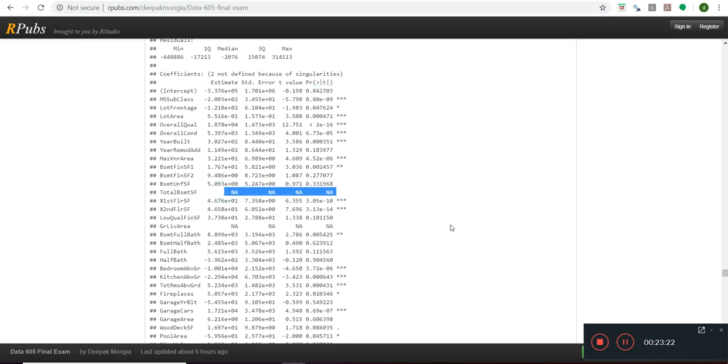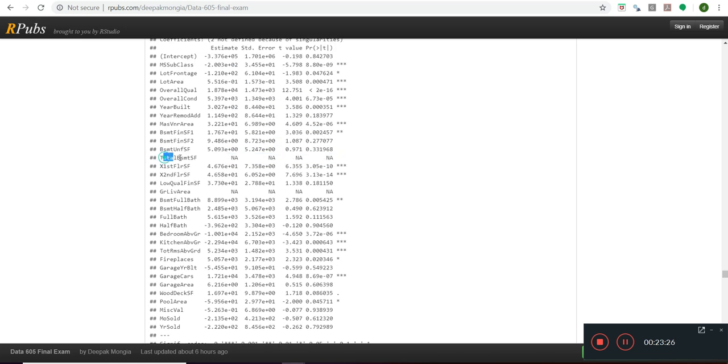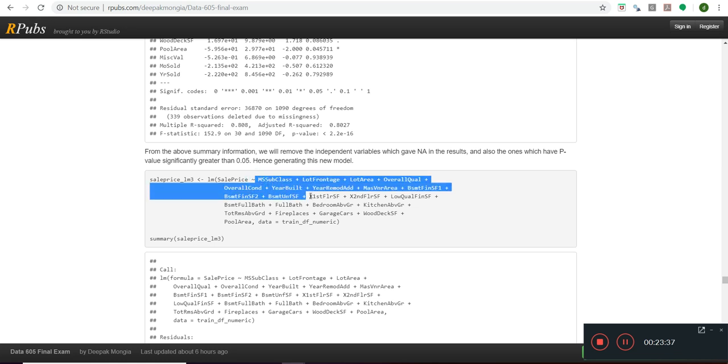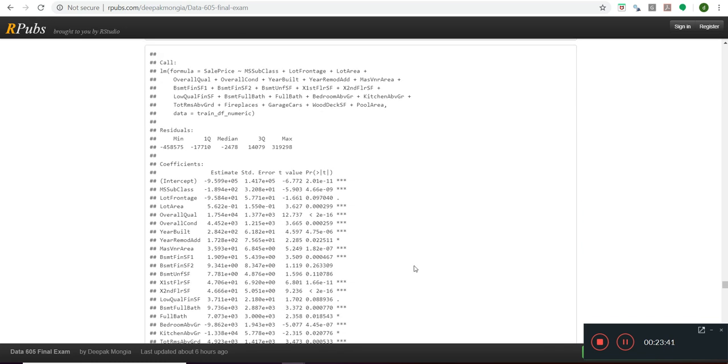That means they don't have a direct relationship with the response variable. So I've used only the variables which have p-values less than 0.05 or very near to 0.05, and then we'll see how the new model looks.